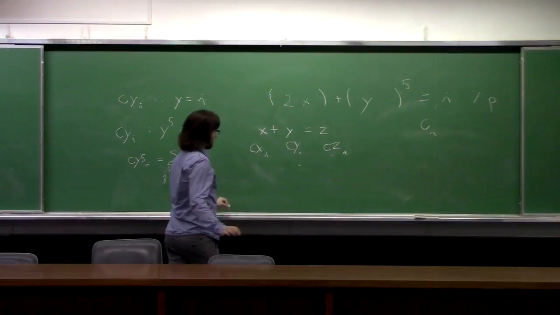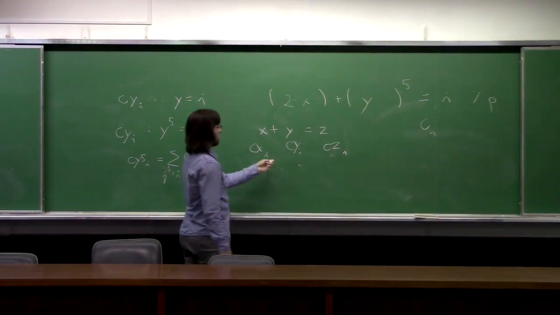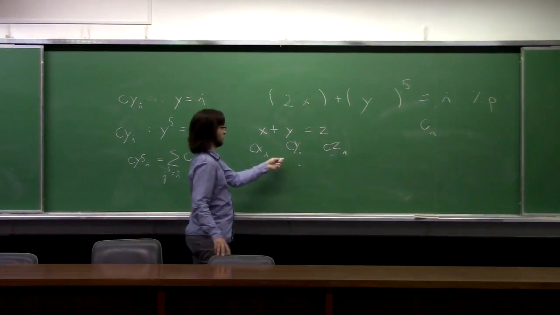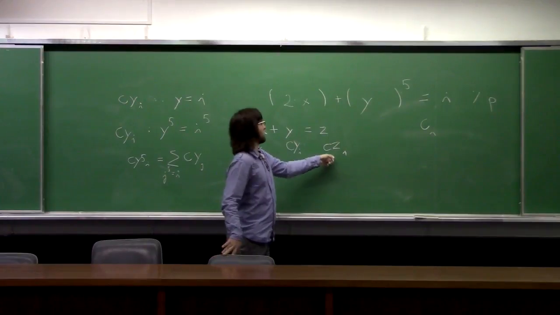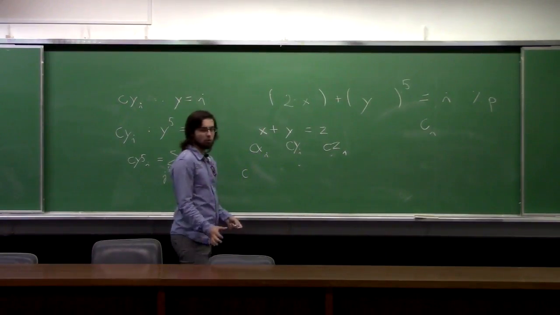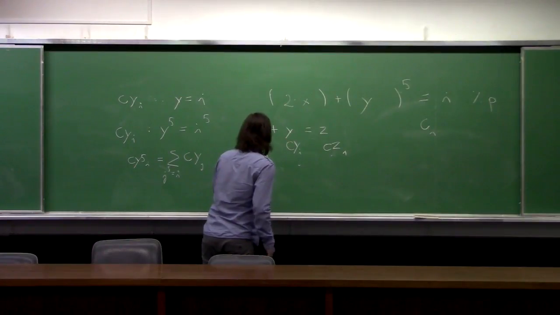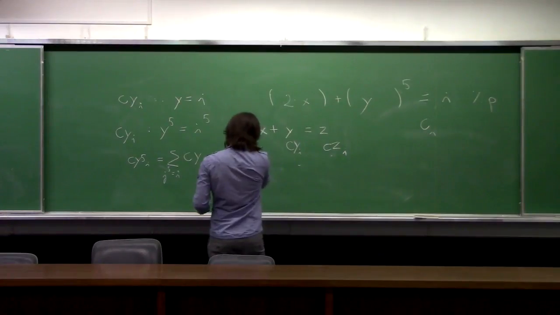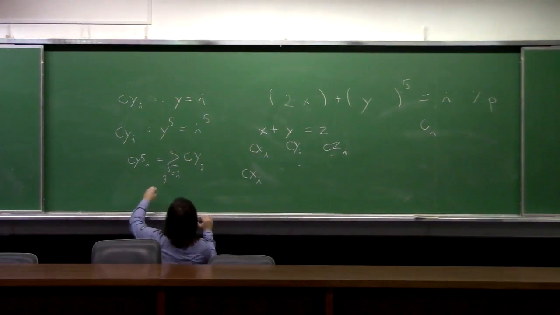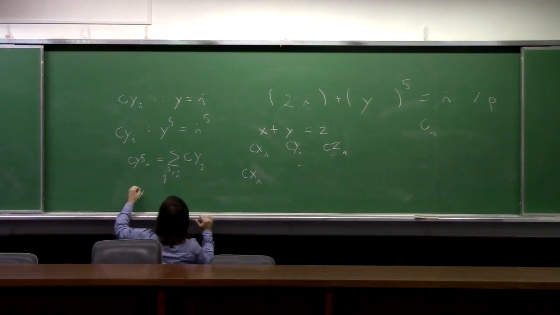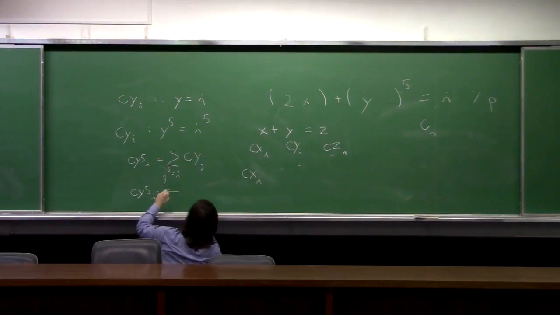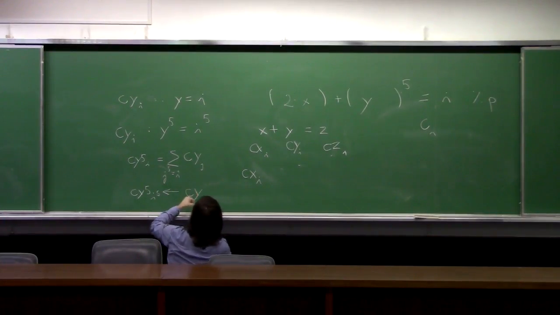And of course, we could try all possible I here, all possible, let's say, J here, and then the value of Z will be I plus J modulo P, and the number of ways to create that would be CXI times CYJ.